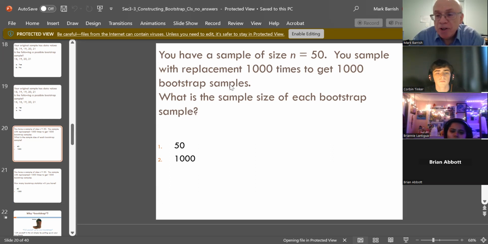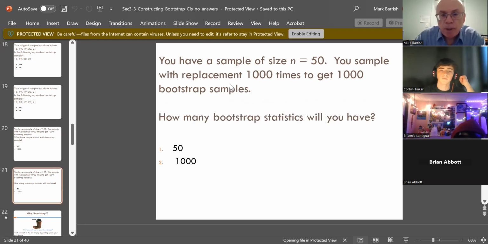I hope this is clear, but some students mix this up. What is the sample size of each bootstrap sample? Is it 50 or 1,000? 50. Right. Each of the 1,000 bootstrap samples has a sample size of 50. The 1,000 refers to the number of samples that were generated by the bootstrapping procedure.